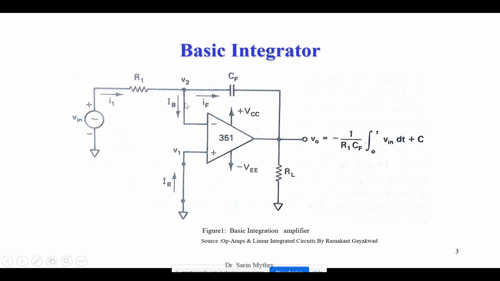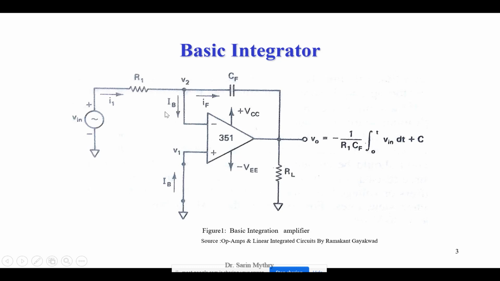What is the sum of which two currents? One current is the bias current of this terminal, and the other is the current which is passing through the feedback loop, that is IF. Therefore I1 is equal to IB plus IF, and we know IB is nothing else but the bias current. Because my op-amp has very high input impedance, the current cannot go into this input terminal.